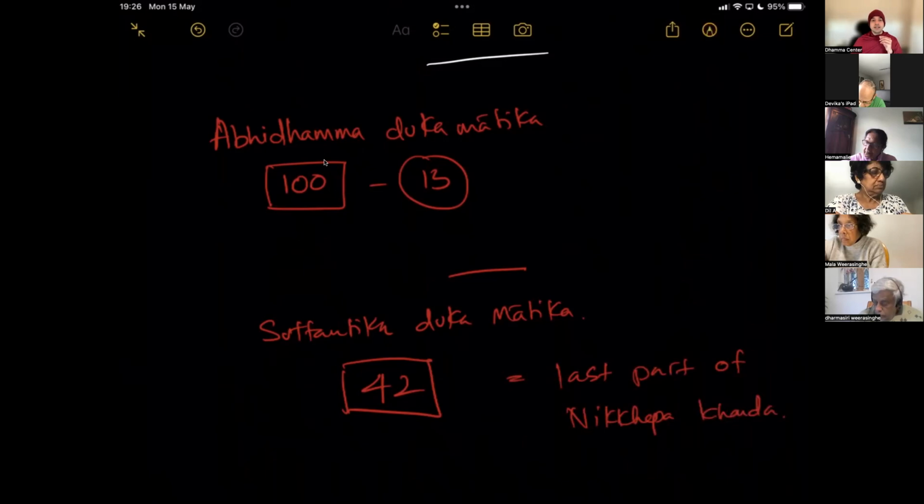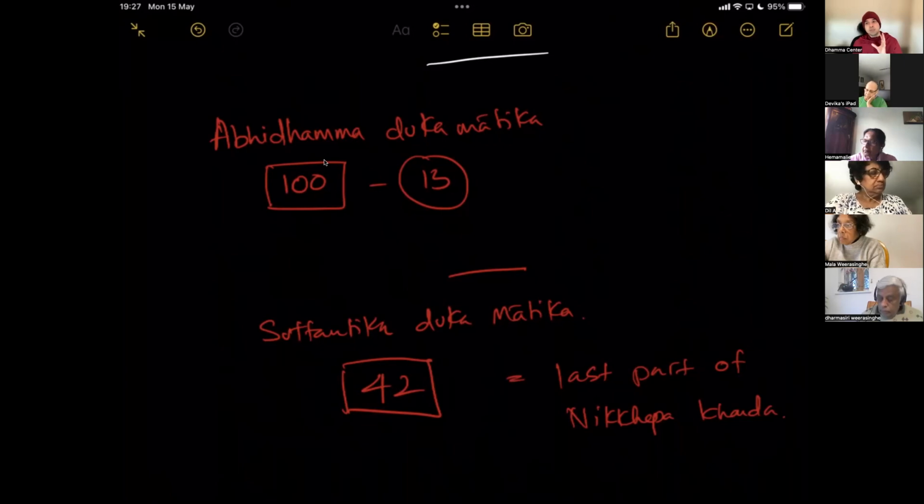So when you go into the Abhidhamma book on Dhammasangani, the last part of that book would be Suttantika Dukkamatika.